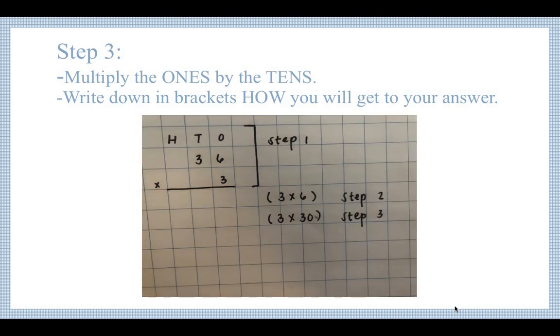Step 3, you're going to multiply the ones by the tens unit. So that's why Miss Gina wrote down 3 times 30 in your step 3. So you're going to again write down in brackets how you will get to your answer using your ones times tens unit. Remember that we say 30 and not 3 because the 3 is in our tens unit and not in our ones unit.